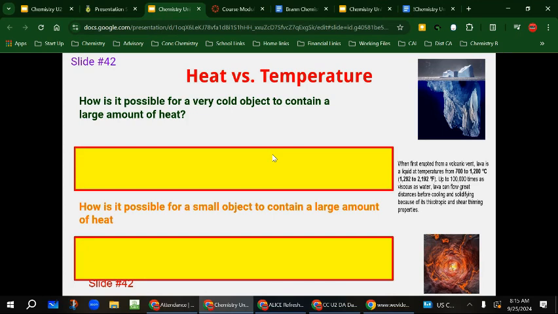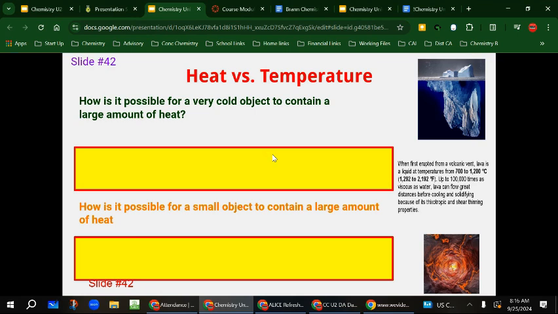And heat, we do what to our numbers? We do what to our kinetic energies? Starts with an S, ends with an... Sum them up. So this object has a lot of heat, not because it is hot, because there is so much mass there.